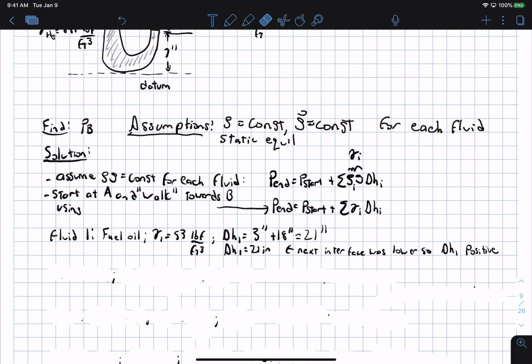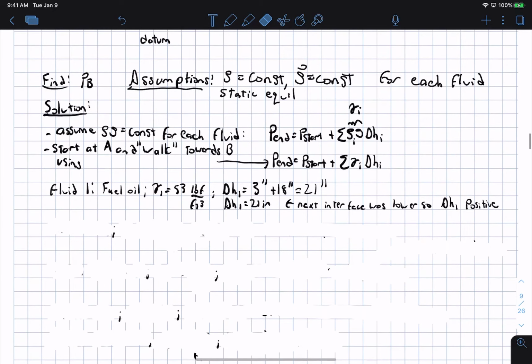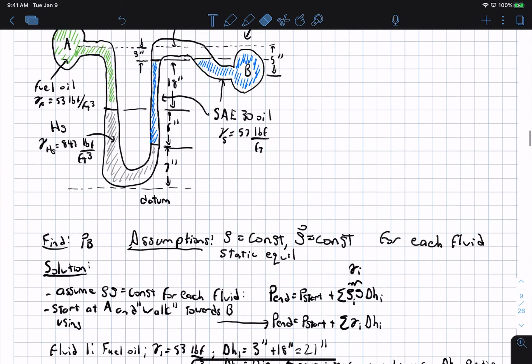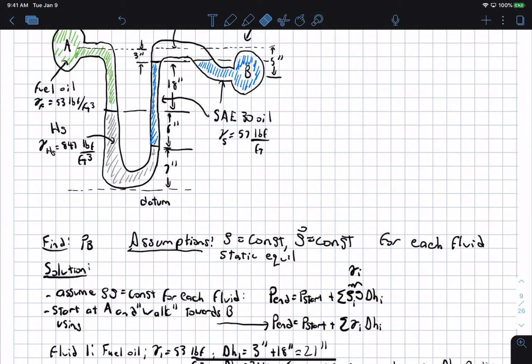Okay, so now we are in fluid 2, which is the mercury. And we just keep books. We know the specific weight, which is given: 847 pounds force per cubic foot. And I know the change of elevation. I'm going to scroll back up. I'm going to start here, go down 6 inches.